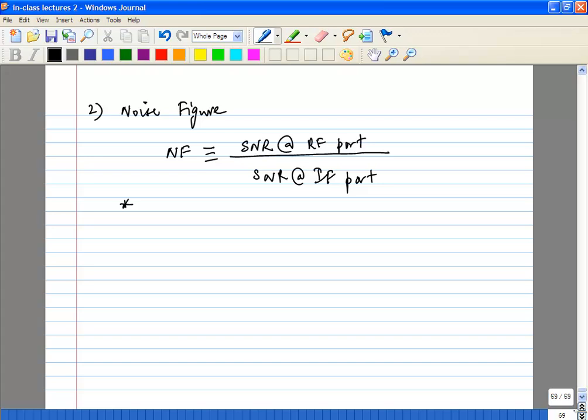If omega LO minus omega IF is omega RF, then omega LO plus omega IF would be omega image. So you filter out all the signal, but you will still have broadband noise floor, and that will get translated on top of your signal. So you have to be very careful.